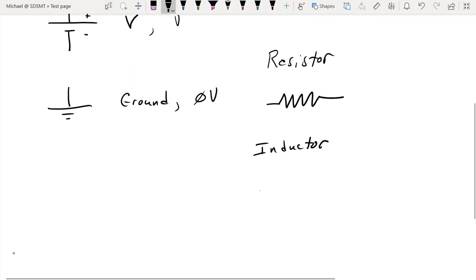And inductor coils look similar to a resistor, especially if you draw them really fast. If you're too sloppy with your drawings, resistors can sometimes look like inductors, but the inductor needs to look like a coil. You need to have loop after loop after loop. With the resistor, it's just the zigzag motion.